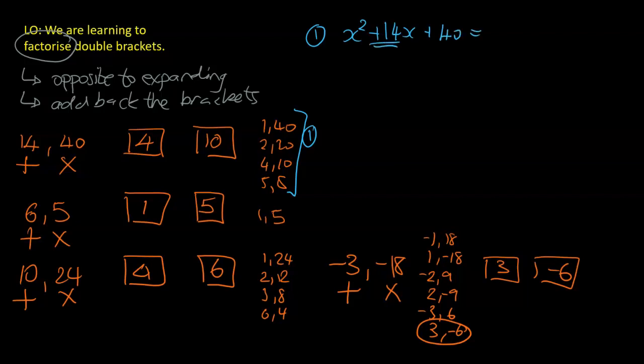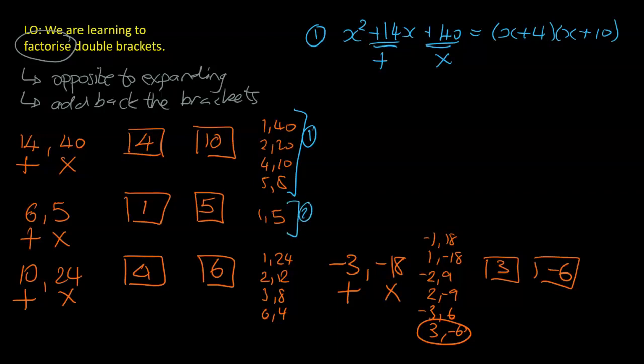So the number in front of the x, you need to think of two numbers that add together to get 14, and the number at the end, you need to think of two numbers that multiply to 40. We've already done that. We know it's 4 and 10. Our brackets are going to be (x + 4)(x + 10). And the plus signs are in our brackets because that is positive 4 and positive 10.